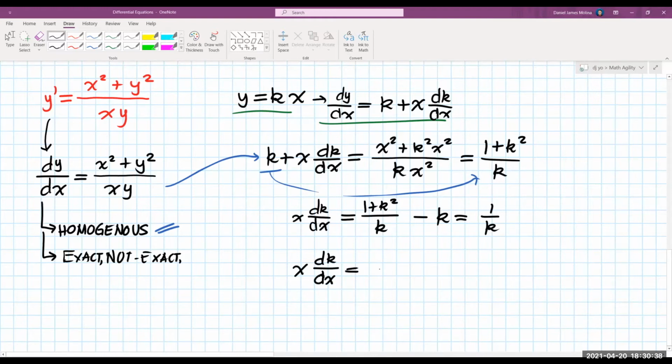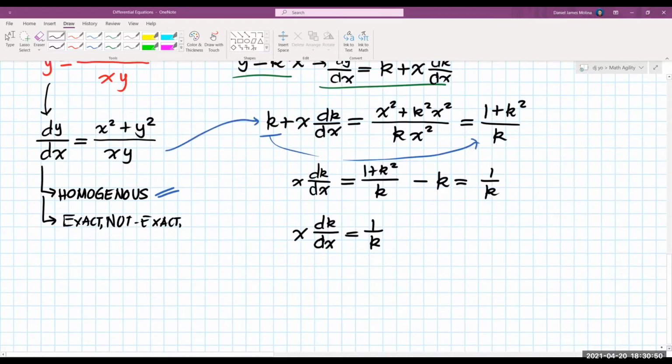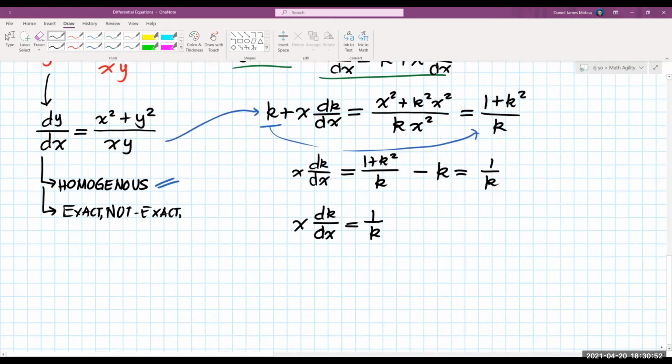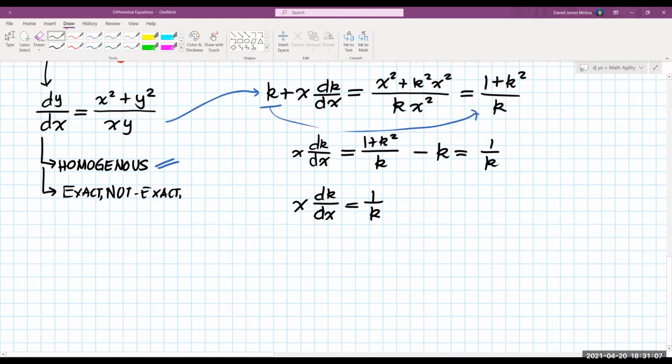And you can notice here that we changed some of our variables, from y and x in the original equation, we transformed it into a differential equation in terms of k and x.